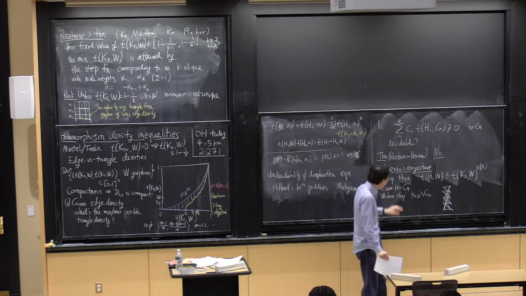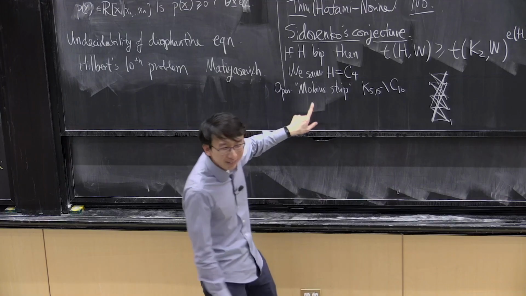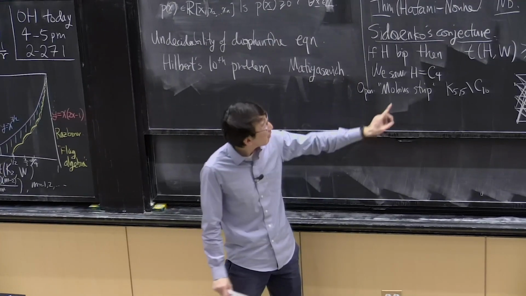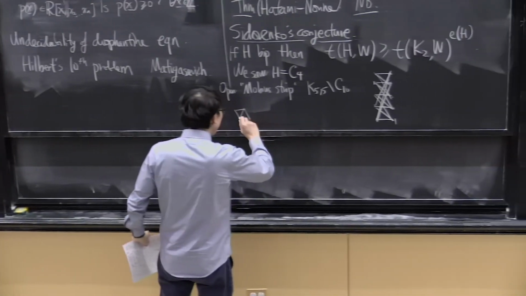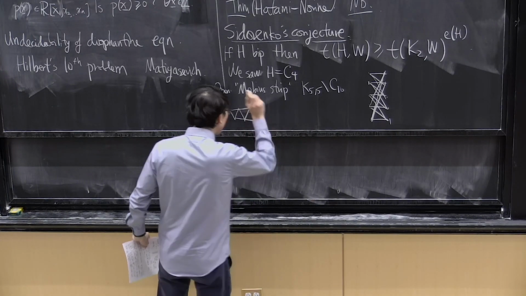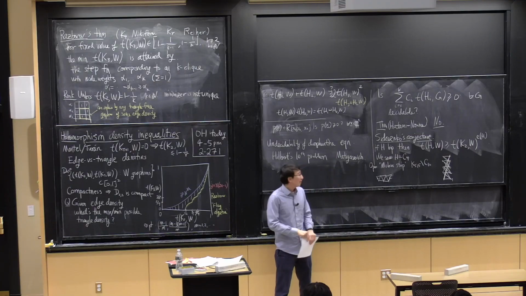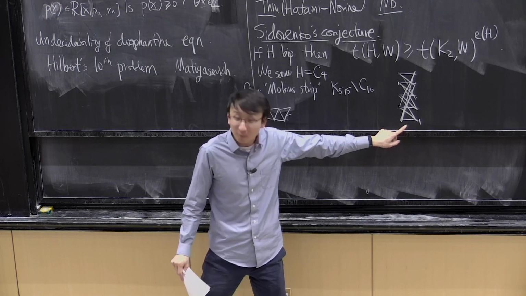Now, why is this called a Mobius strip? This took me a while to figure out. There are many different interpretations. I think the reason it's called the Mobius strip is that if you think about the usual simplicial complex for a Mobius strip, and then this is the face vertex incidence bipartite graph.